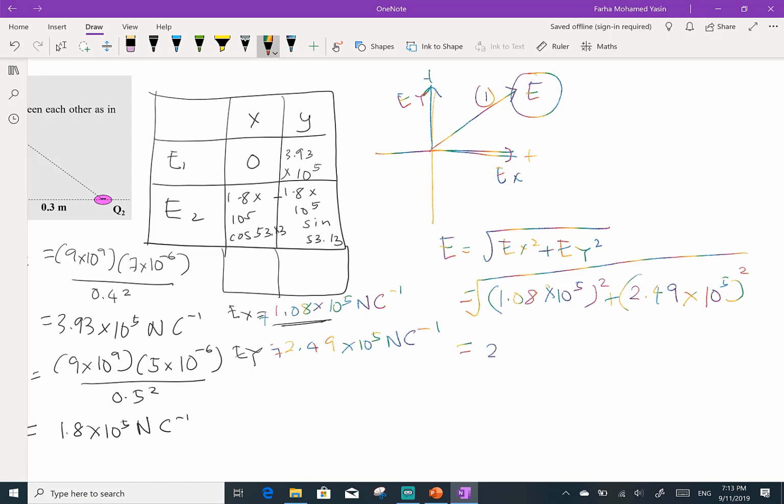And we get E equals to 2.714 power of 5 Newton per Coulomb. Ini baru magnitude E.